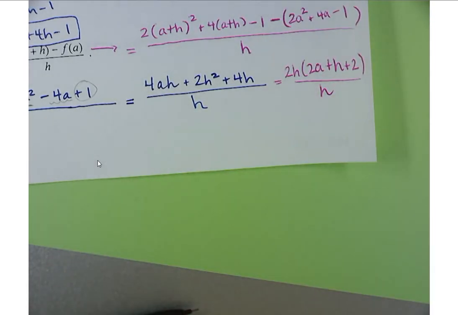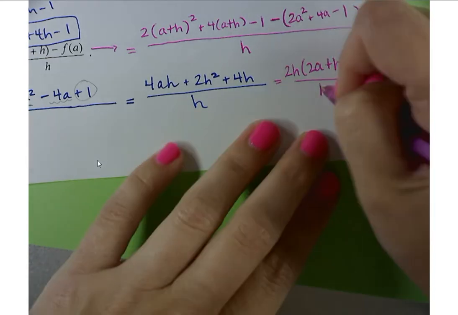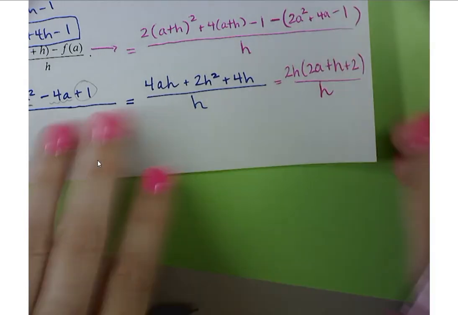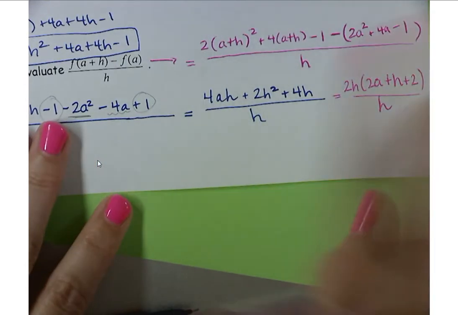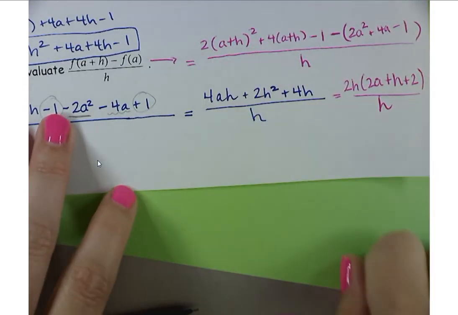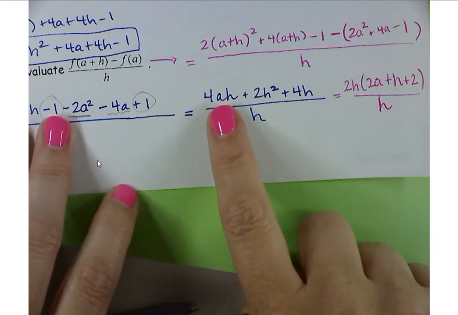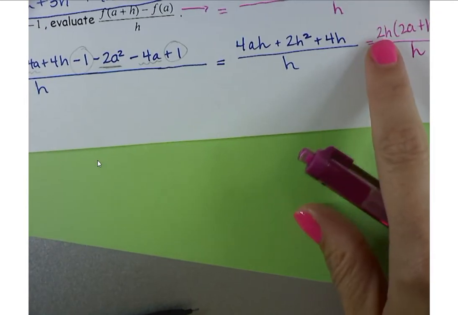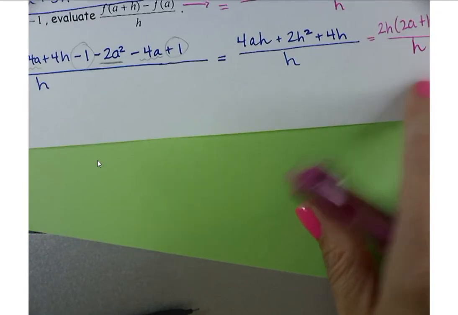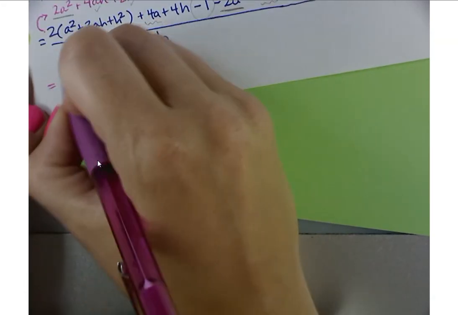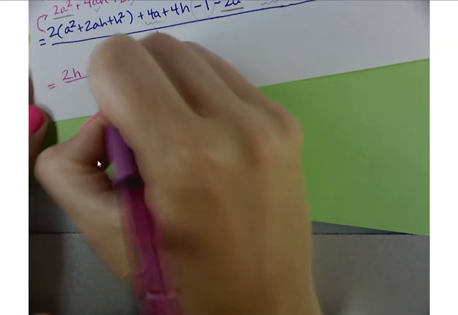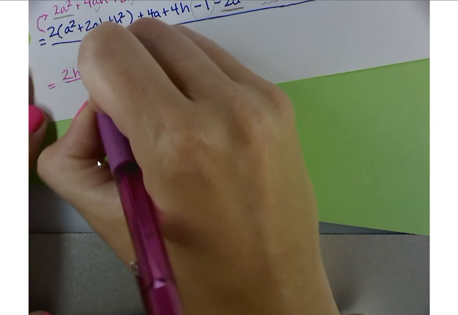So if you take out the h on the top, you don't have to do anything to the bottom? Nope, because you're just factoring the top, you're taking out the GCF. So now, this is 2h multiplied by this quantity. So can my h's divide out? Yep. In the next step is where I'm going to put that they cancel. You guys can put it in that step.